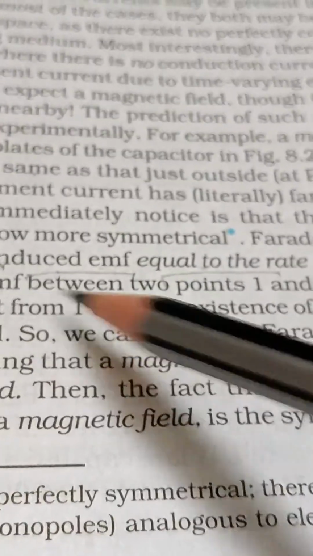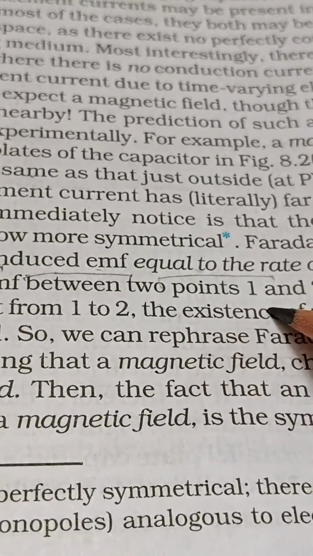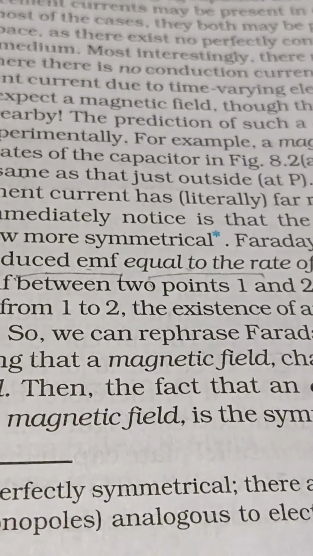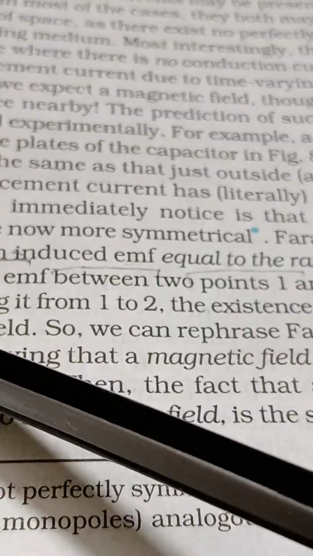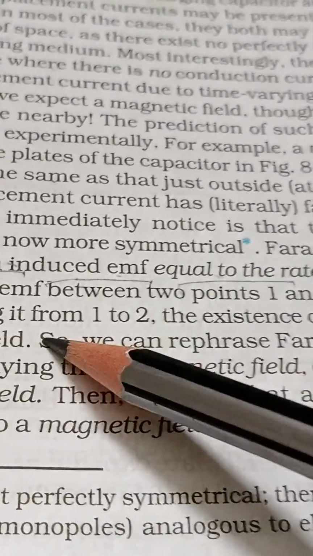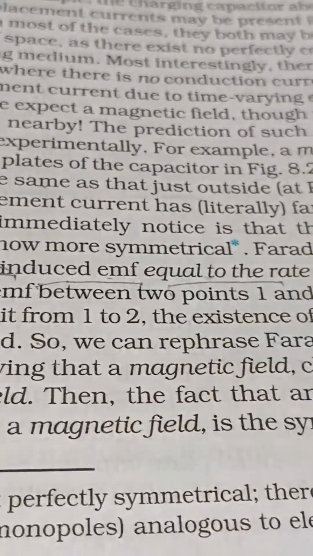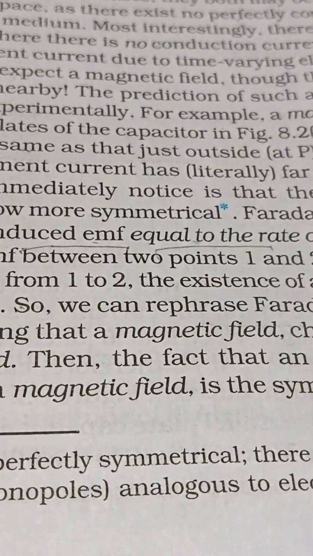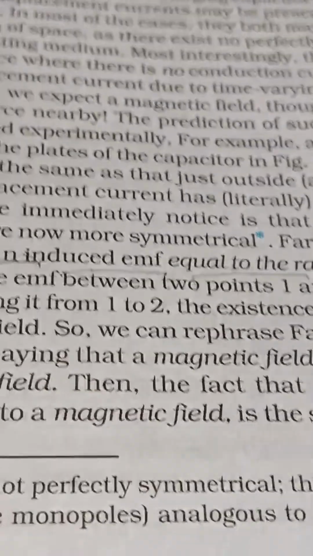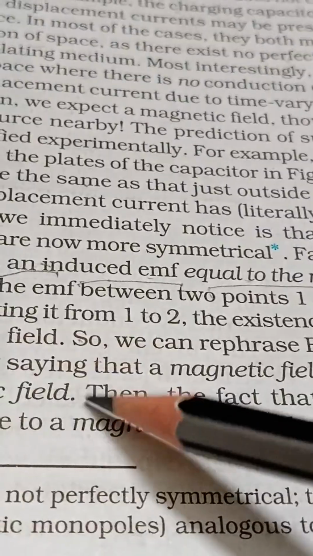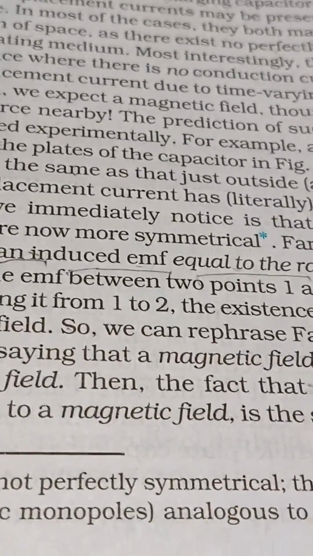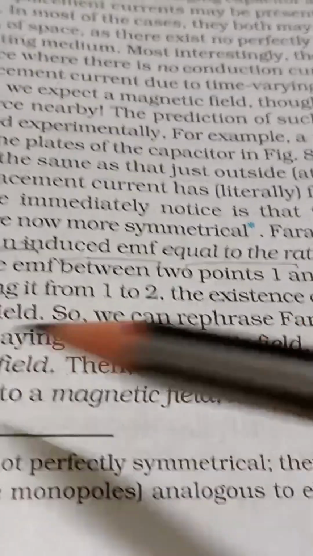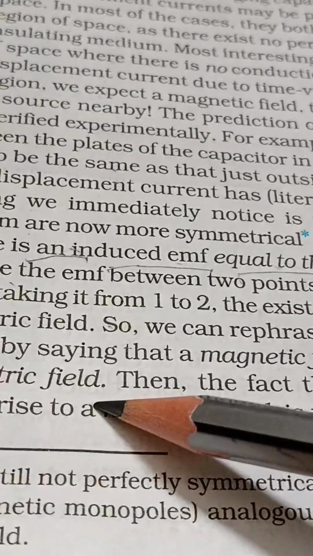Now, since the EMF between 2 points 1 and 2 is the work done per unit charge in taking it from 1 to 2, the existence of EMF implies the existence of an induced electric field. So a magnetic field changing with time gives rise to an electric field.